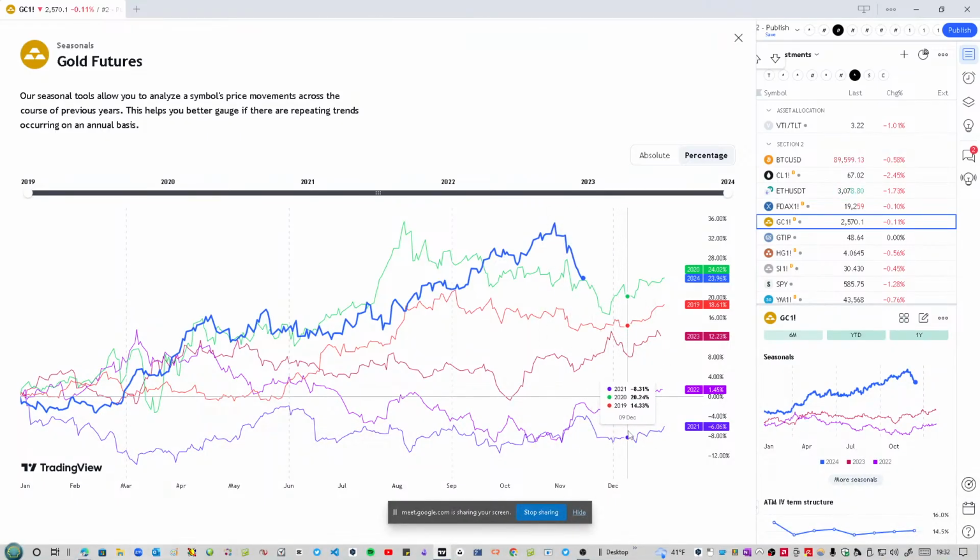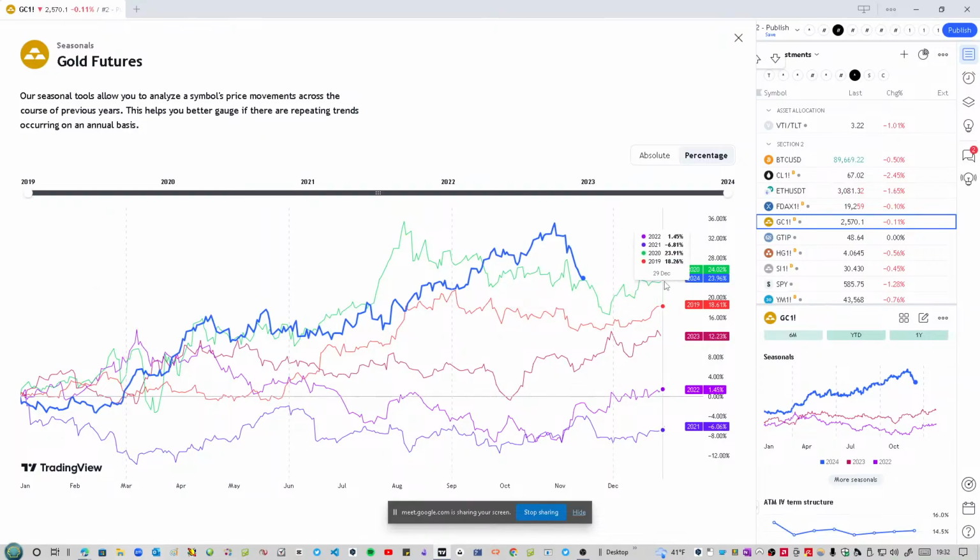But every year there was a common sense: at the beginning of December, gold rallied up, rallied up, rallied up. So seasonality in gold is generally around December until March next year.